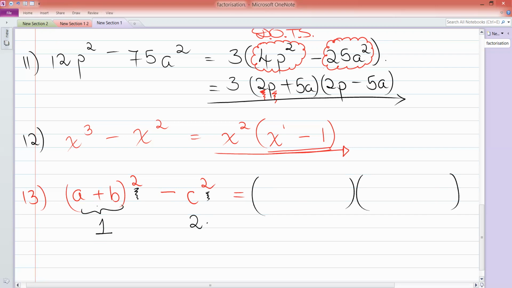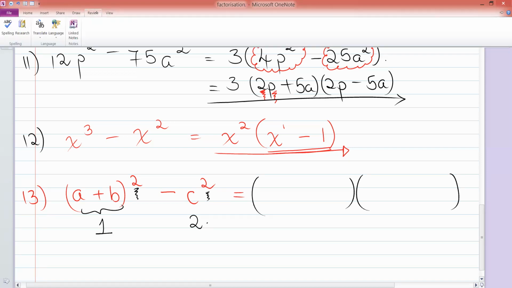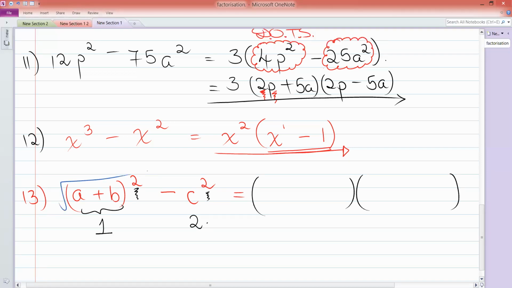The difference is that when you take the square root of the first term, all you're going to be left with is a plus b there and a plus b here. Then remember the first one, minus, plus. Square root of c squared, that is just c, and this one is c. This one was a little more complicated.